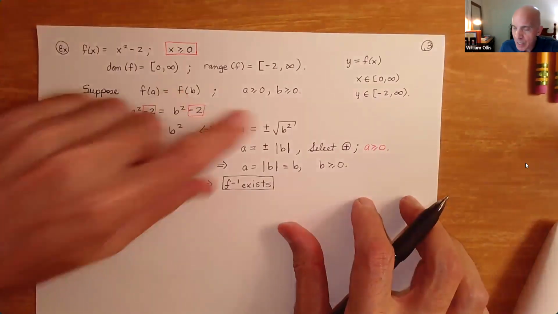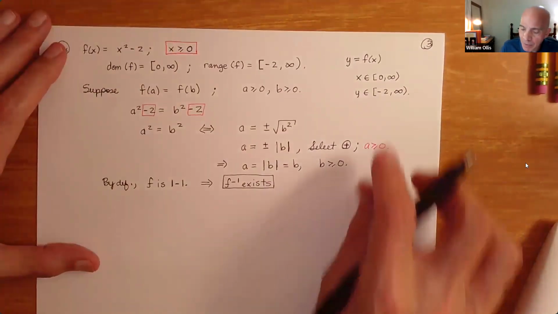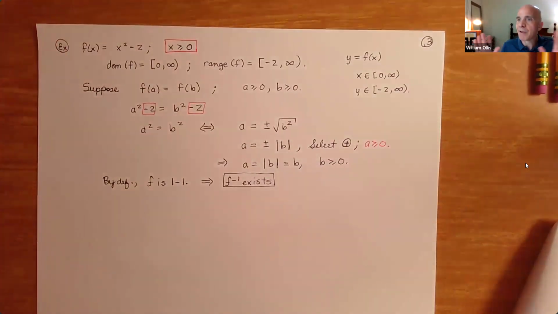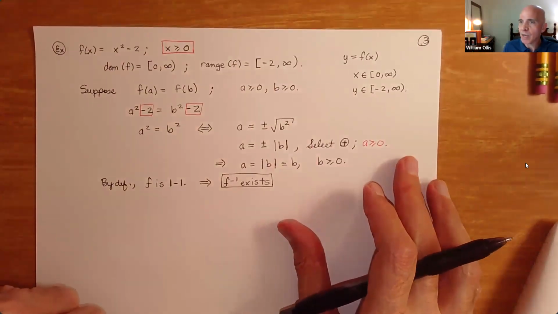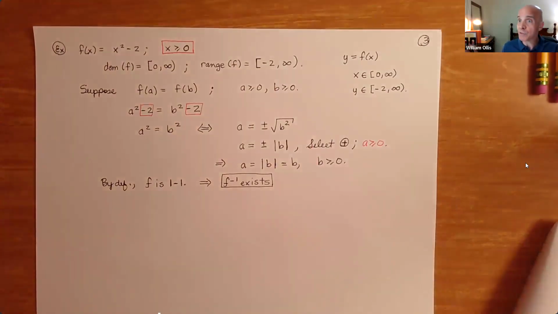The universe of x is here. The universe of y is here. So we know where they live, so to speak. And we want to make sure we keep that focused in our brains as we compute a formula for the inverse function.